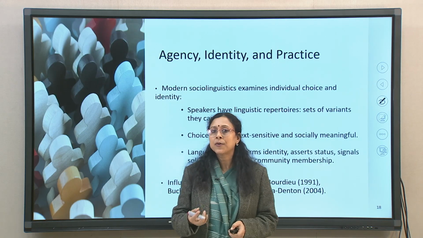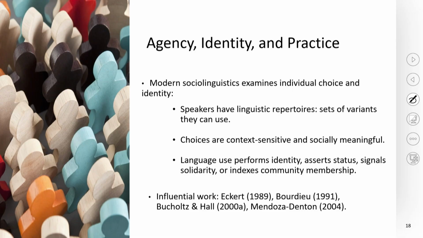Similarly, we have talked about agency as well. Modern sociolinguistics examines individual choice and identity. Speakers have a linguistic repertoire, a set of variants they can use. Each of us may have access to different variants of the same language.